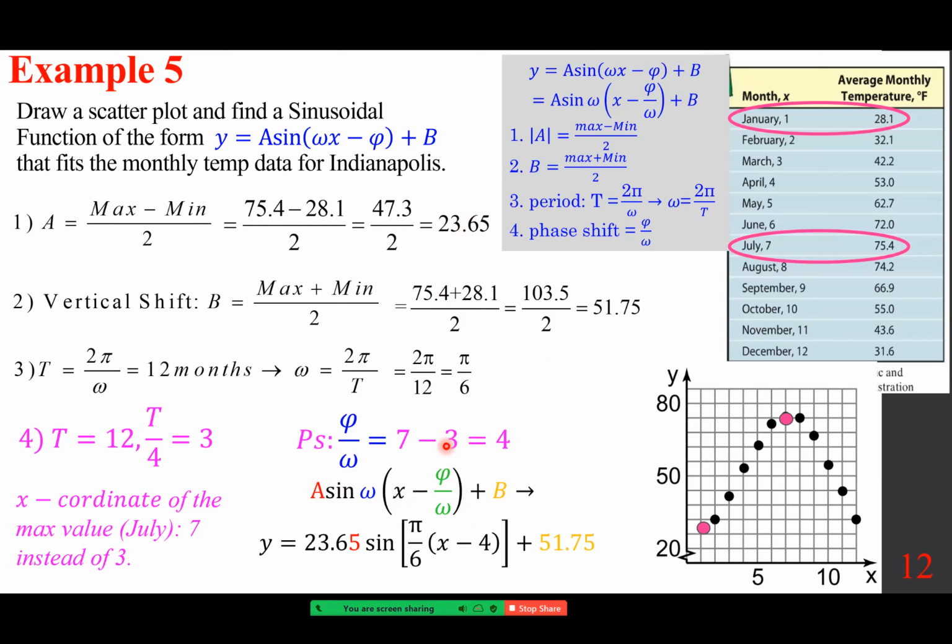This is omega. And this is 4. And this is the b. So A, omega, phi over omega the phase shift, and b. So all is taken care of.